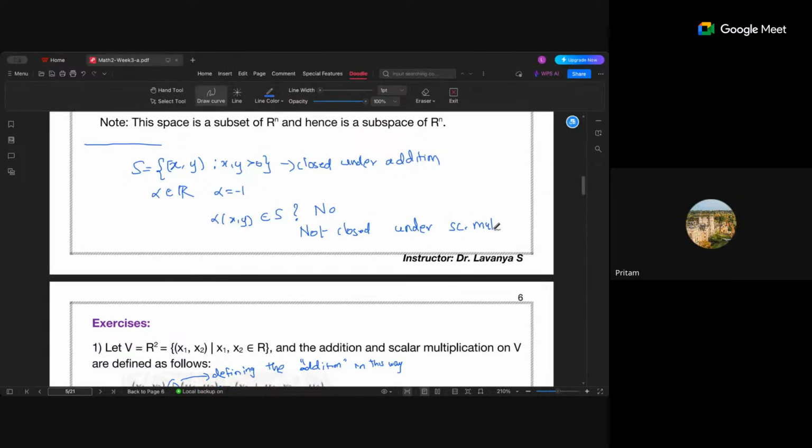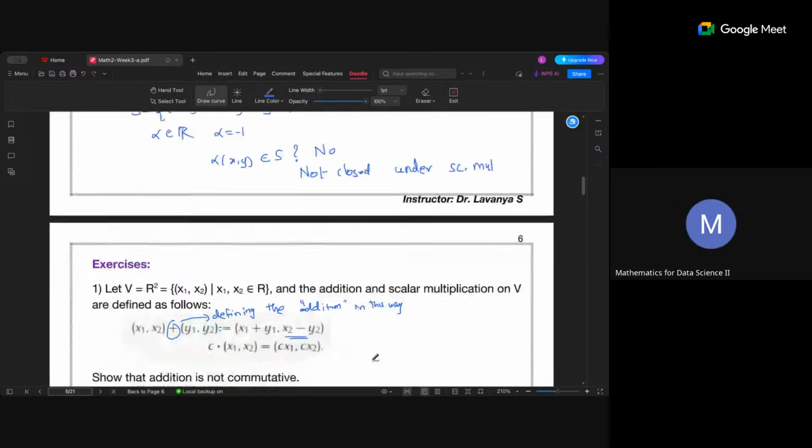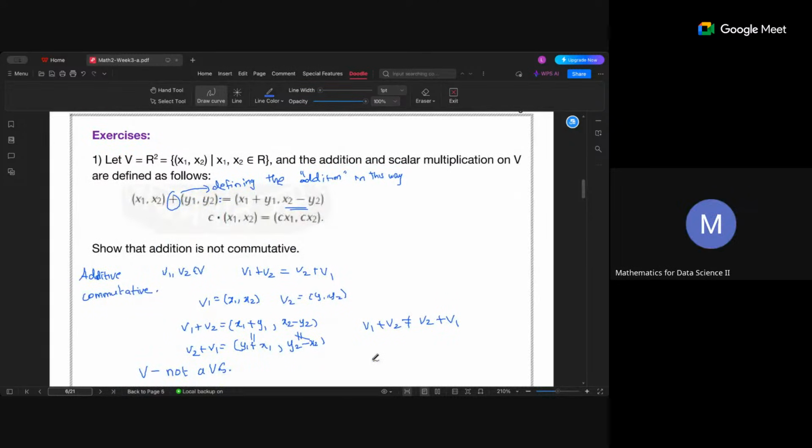I was asking whether there is any set that is closed under addition and scalar multiplication but doesn't hold other conditions. So this itself is an example. It is closed under addition, closed under scalar multiplication, but it is not a vector space. So we need to verify all 10 to make sure it is a vector space. Yes, it's going to be lengthy.